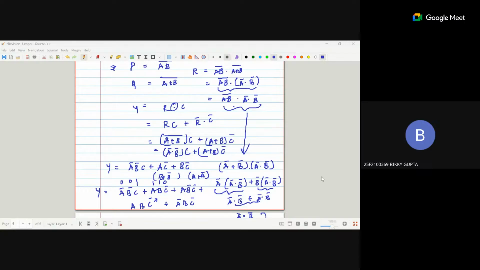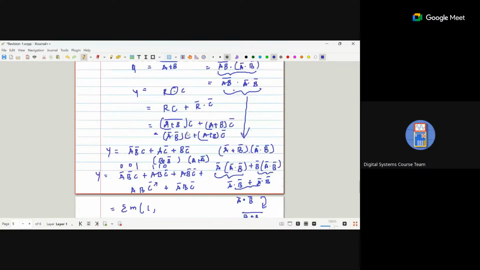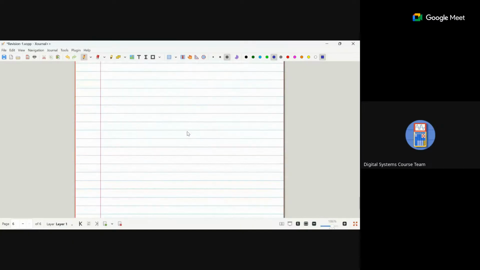And the simplification part R dot C and R bar dot C. Okay. R C plus R bar dot C. Okay. So you have your Y as R C plus R bar C bar. So this is the value for R x naught C.